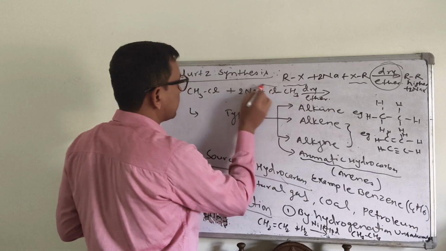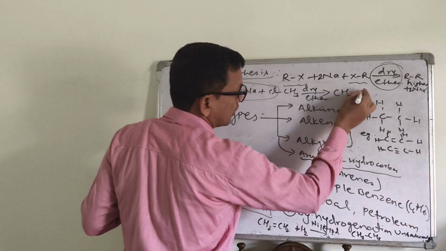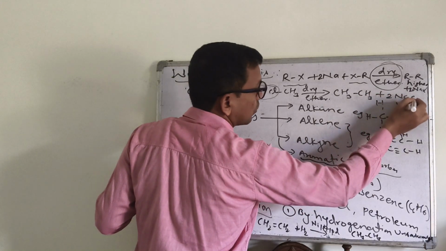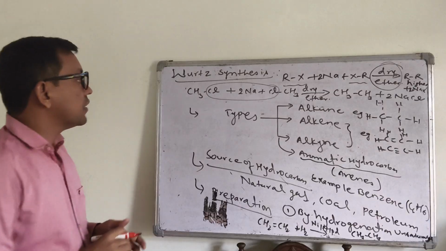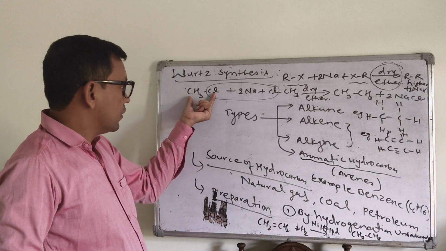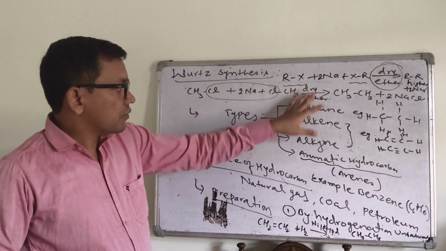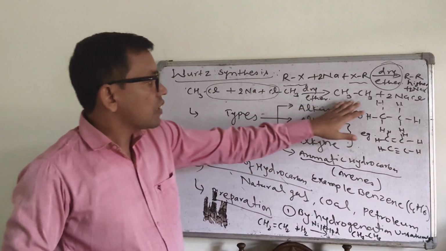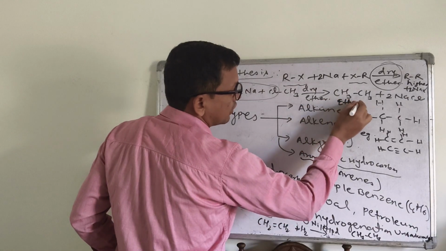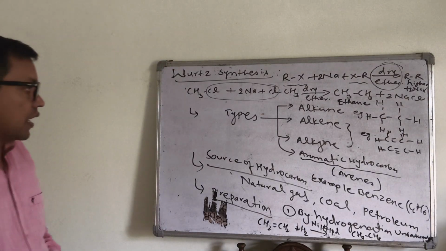It gives the higher alkane, CH3CH3, plus two molecules of sodium chloride. When two molecules of chloromethane react with sodium metal in the presence of dry ether, it gives the higher alkane, that is ethane, along with sodium chloride. This reaction is called Wurtz synthesis reaction or simply Wurtz reaction.